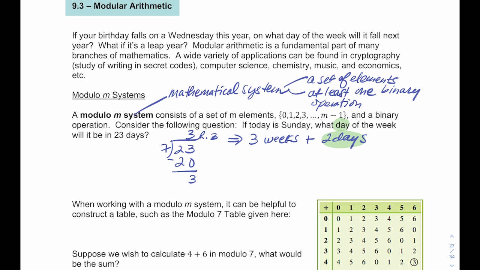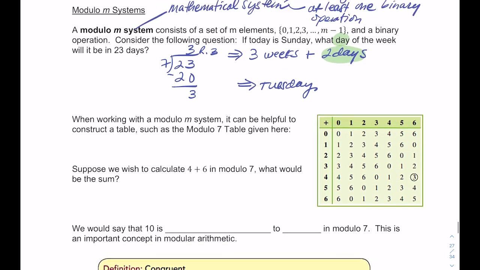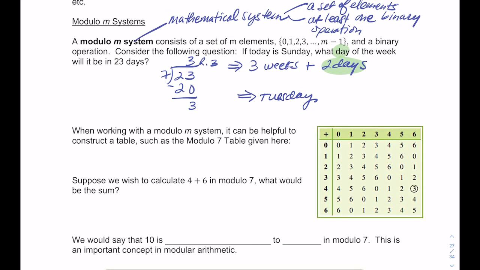Therefore, Tuesday would be the day of the week that 23 days later would fall on. What we just did there was what's called a modulo, and in this case, it's a modulo 7 system.